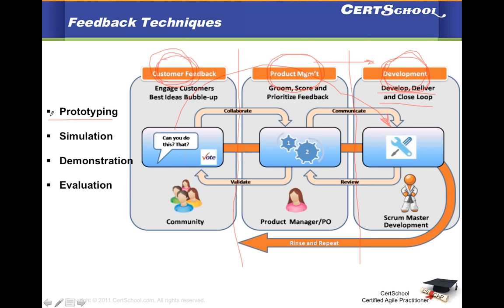Okay, so let's come back to the feedback techniques now. Prototyping. Okay, so I'm sure all of you are aware of it. When we talk about POC, proof of concept, it's the same thing as prototyping.